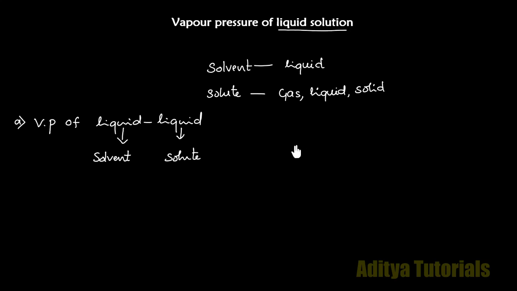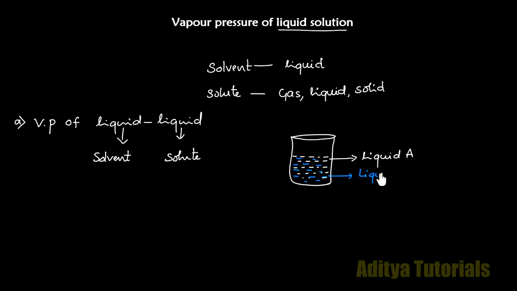Now let's understand by taking an example. So this is a container, and in this container we have two liquids. I will name the first liquid A, and I will take another liquid here and name it liquid B. We have to think that these are volatile liquids.